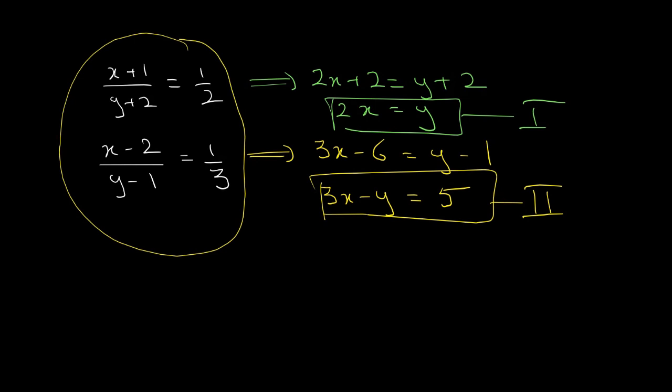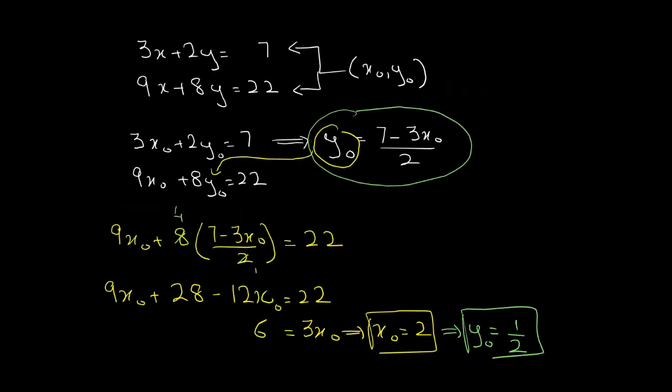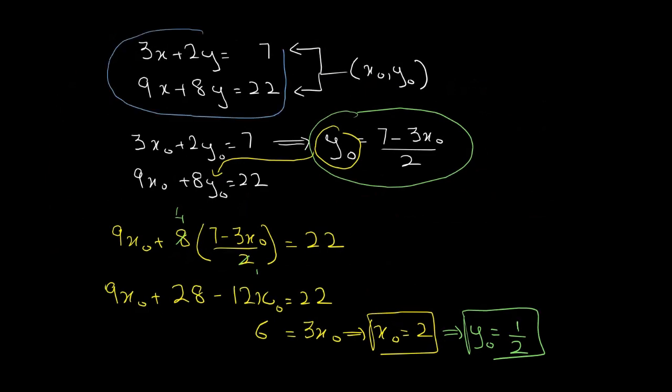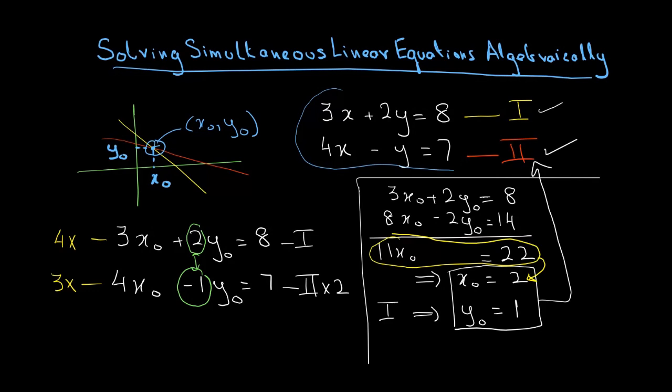The only thing that I want you to understand is that when I started out, these were equations with an x and a y in general. These were also equations. Equations are functions. Equation 1 represented a function, equation 2 represented a function, the lines that we drew.